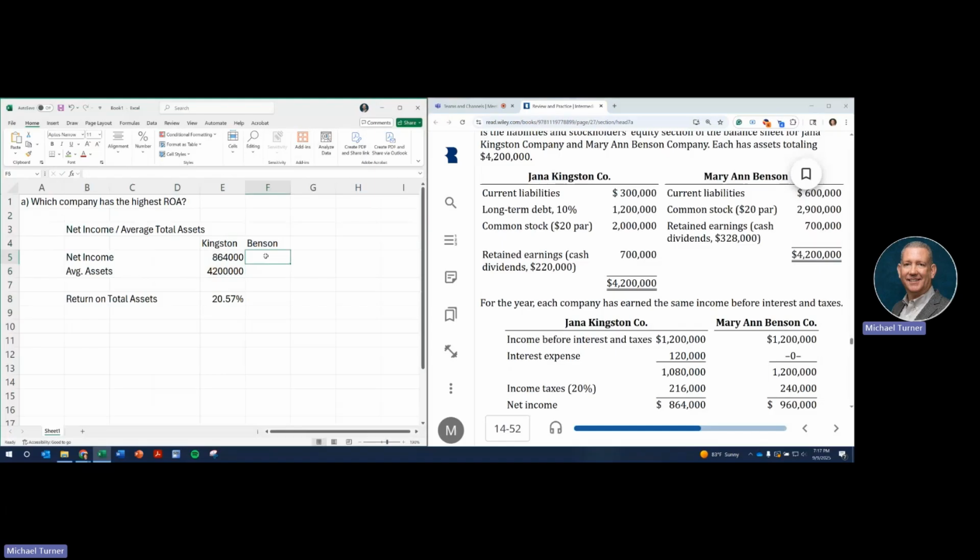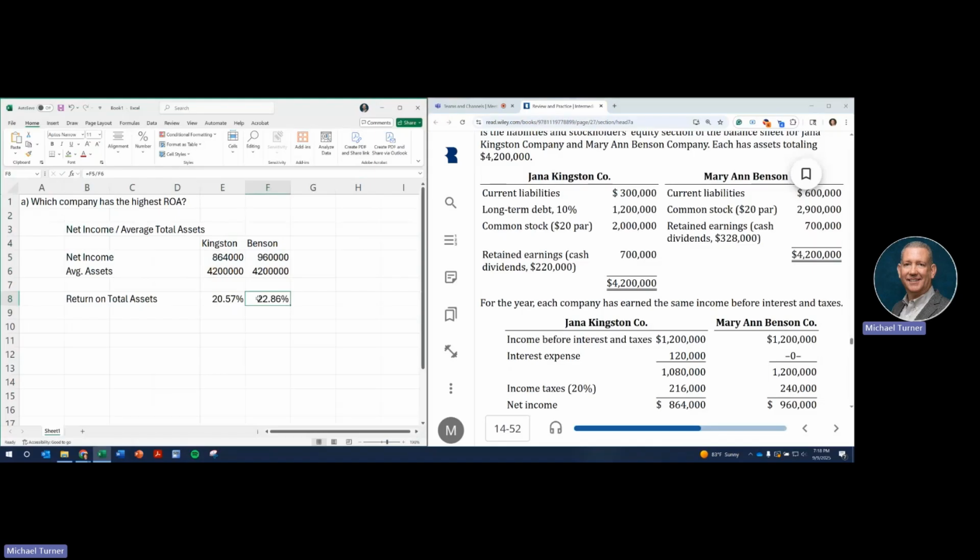Next, let's do Benson's. Benson's net income was $960,000, so that's higher than Kingston's, and their total assets were also $4.2 million. So therefore, their ratio for the return on assets, net income of $960,000 divided by average total assets of the same $4.2 million, results in 22.86%.